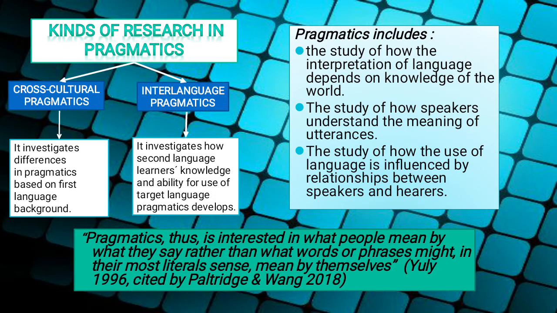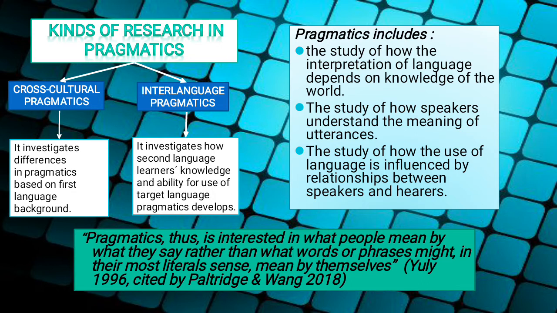It is important to bear in mind that pragmatics includes the study of how the interpretation of language depends on knowledge of the world, the study of how speakers understand the meaning of utterances, and the study of how the use of language is influenced by the relationships between speakers and hearers.